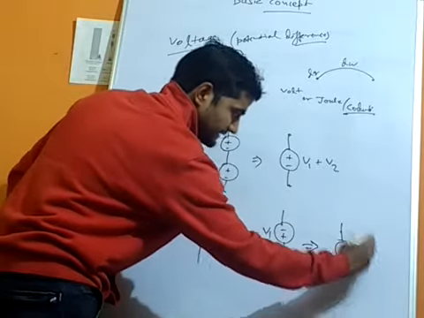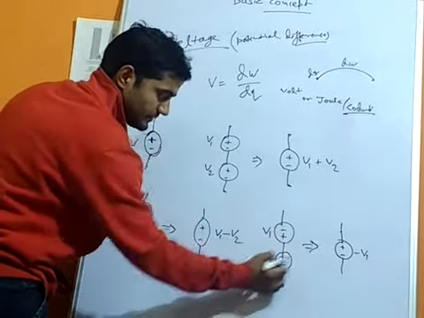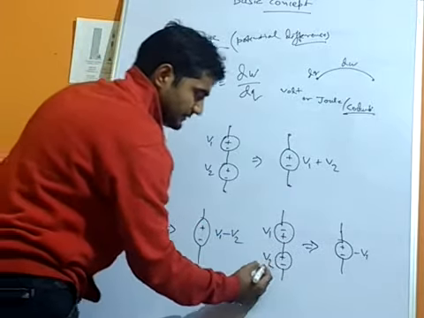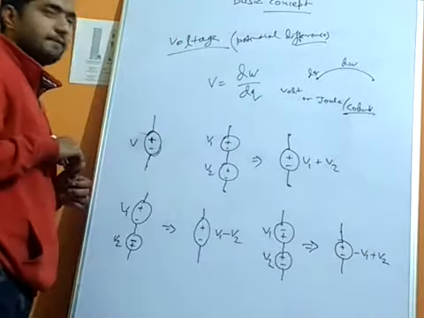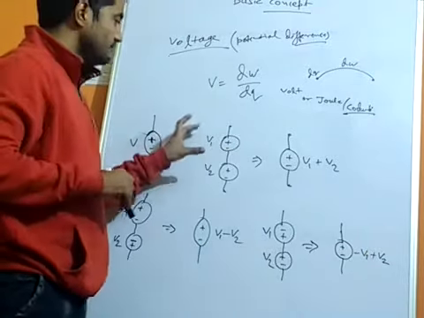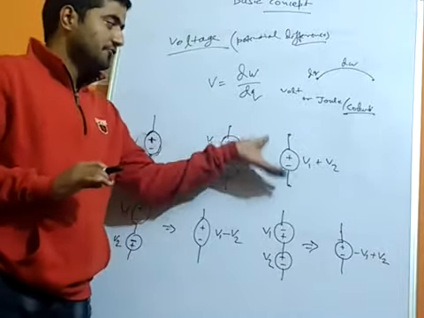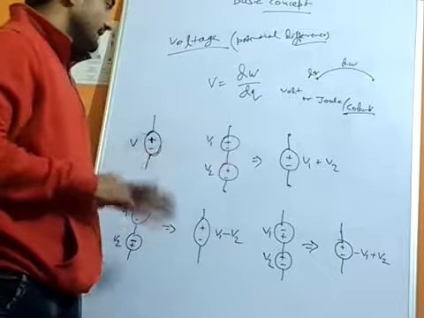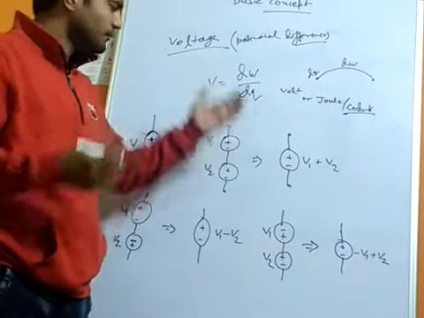That's why it will be considered as negative. But for V2, here it is plus and here it is plus, so it is the same, so it will be considered as positive. So minus V1 plus V2. This way we can combine the two voltage sources connected in series, and we can give the equivalent voltage source like this.